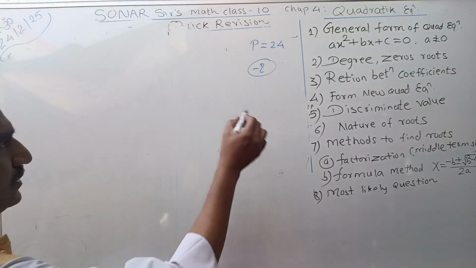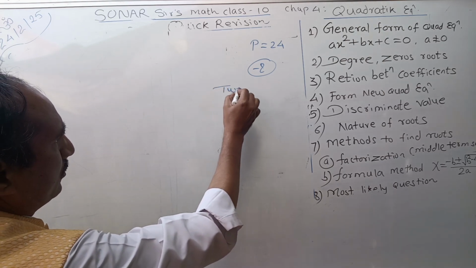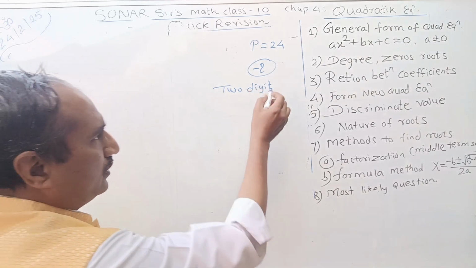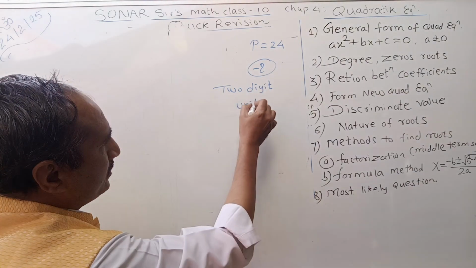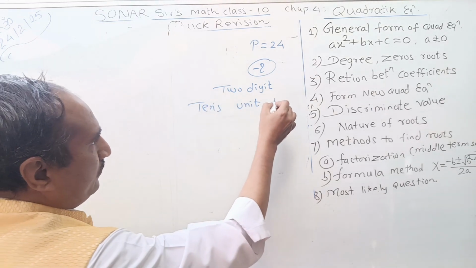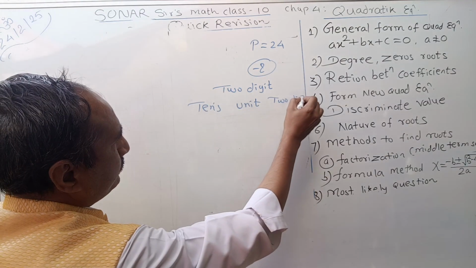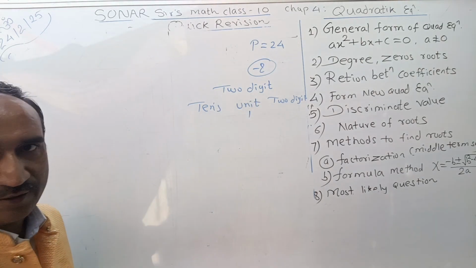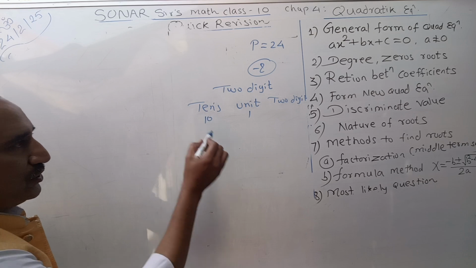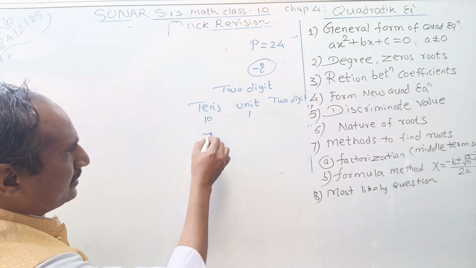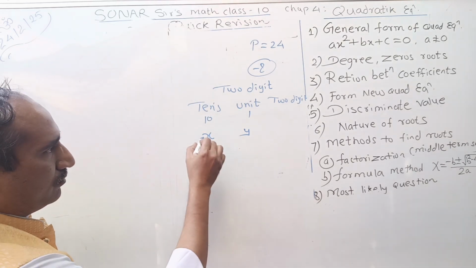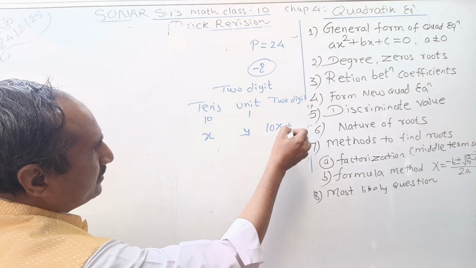So let's discuss this. First of all, two-digit number. What is a two-digit number? In a two-digit number there are two places. One is the unit place and the second is the tens place. And we form a two-digit number. So the unit place is multiplied by 1 and the tens place is multiplied by 10. So here if we consider unit place and tens place as x and y, then the two-digit number becomes 10x plus y.